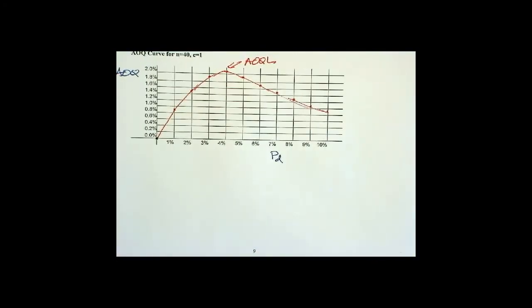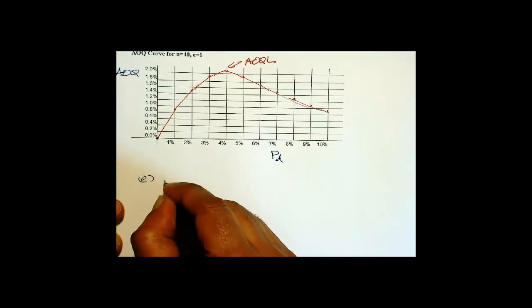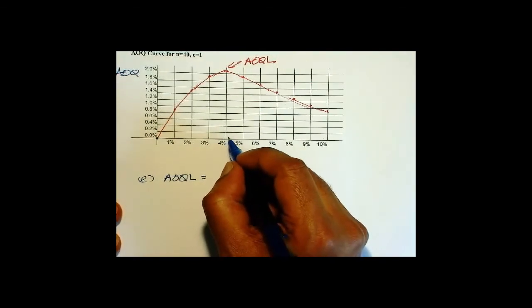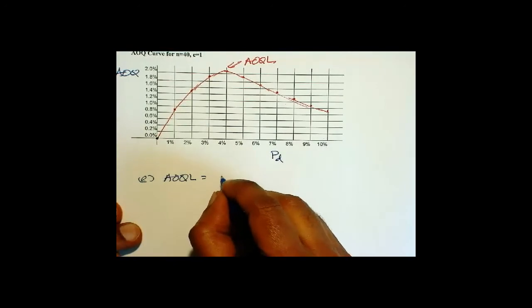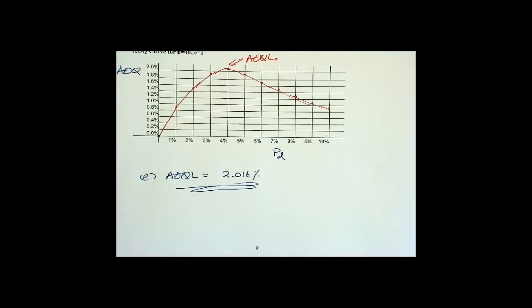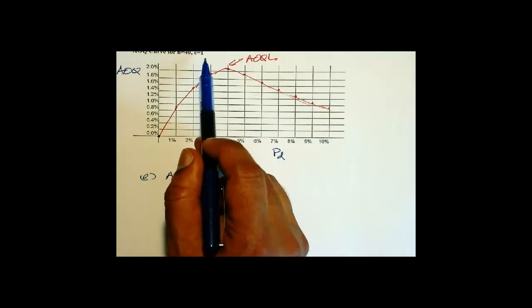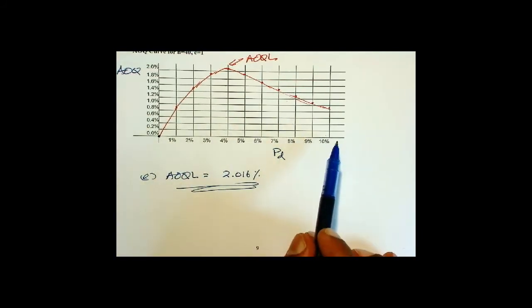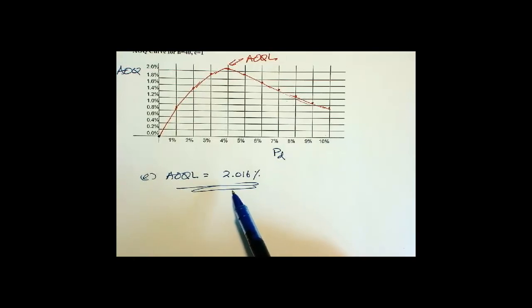So the answer for part E is that AOQL is at 4%, and it is 2.016%. If we use the n equal to 40, c equal to 1 sampling plan, no matter what the incoming defective percentages may be, on the average, the percentage of defectives that will get through will never exceed 2.016%.